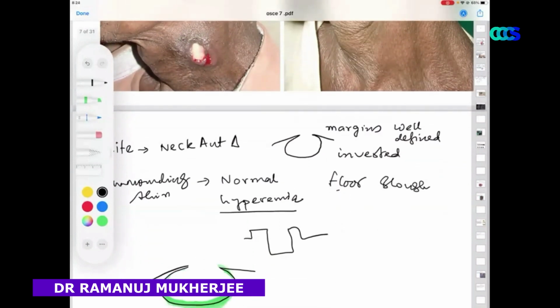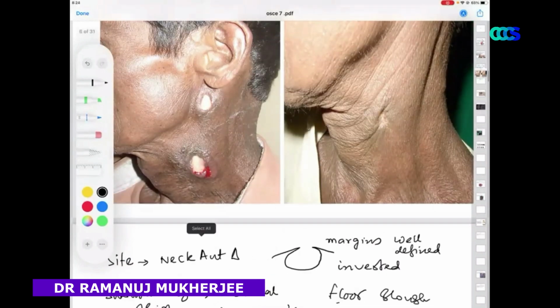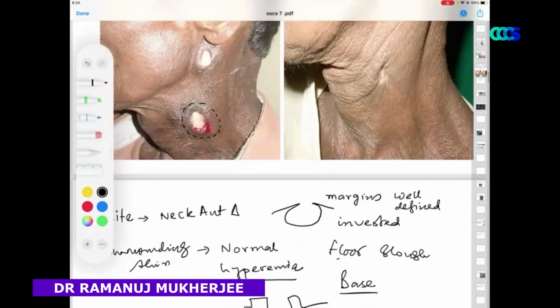What about the base? The base is not seen, I know that, but if you are to describe it for an OSCE, what will you write? The base will have a minimal induration, because remember this is an inflammatory pathology. I am interested to know whether, if there is an underlying lymph node in the neck, the ulcer is probably fixed to the underlying nodes.